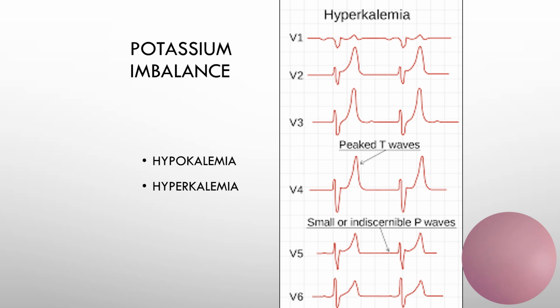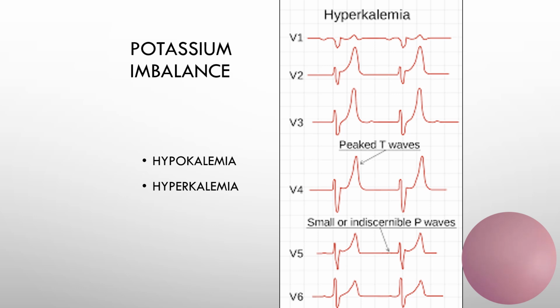We're going to treat it by decreasing their potassium intake, administering insulin and glucose, maybe Kayexalate, also known as sodium polystyrene. This is a medication that we give to our clients, especially in renal failure, because they're not able to excrete potassium.